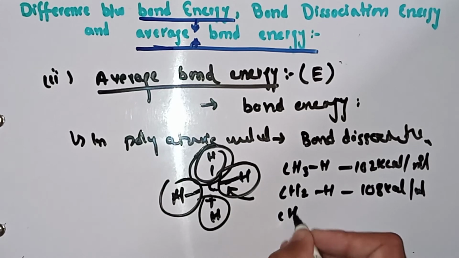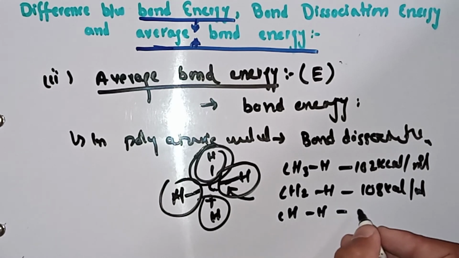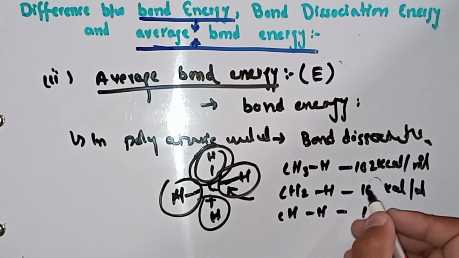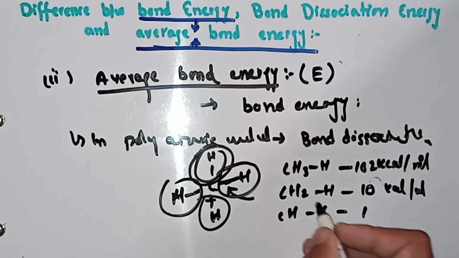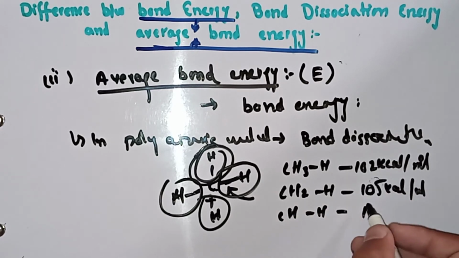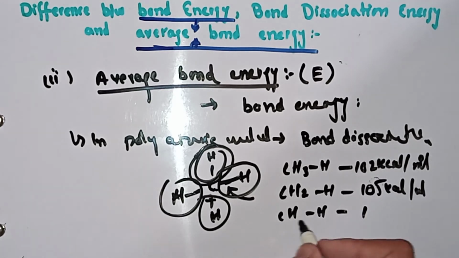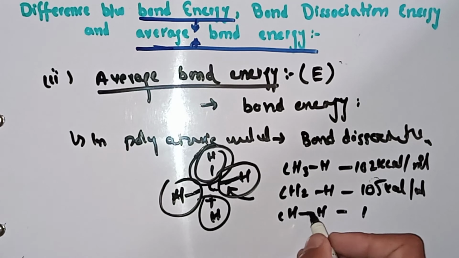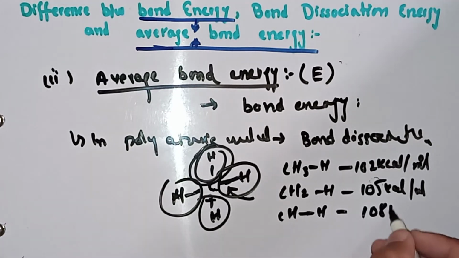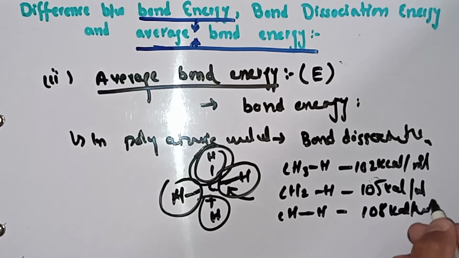When there are three hydrogens and you remove one hydrogen from the CH3, it will require 105 kilocalorie per mole. When there are only two hydrogens and you need to break one bond of this hydrogen, it requires 18 kilocalorie per mole.